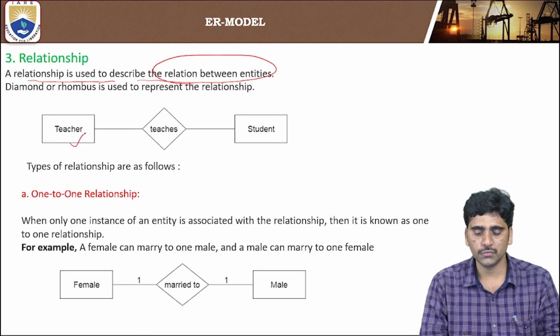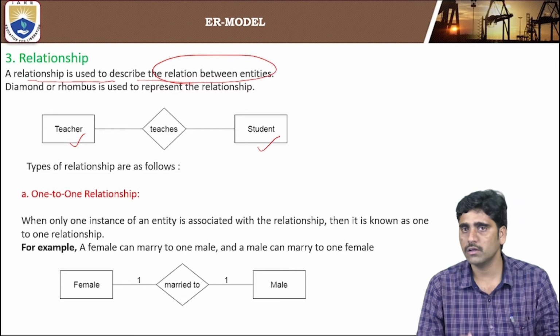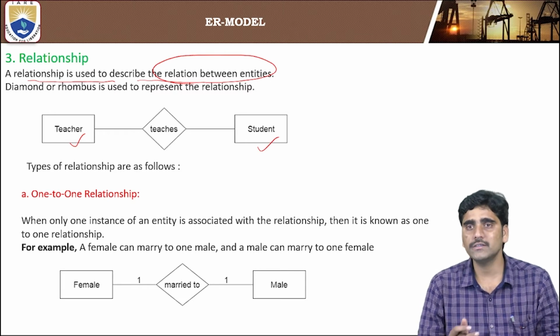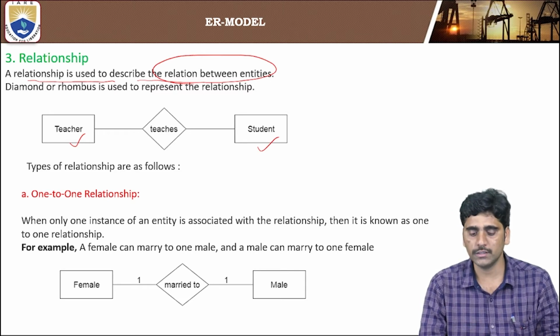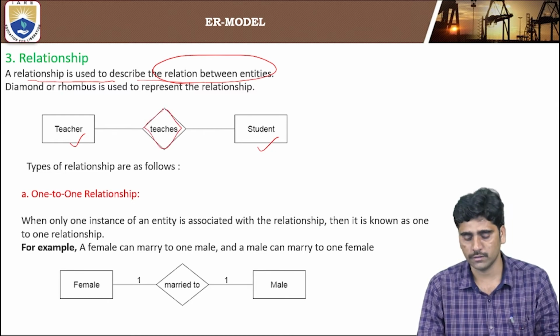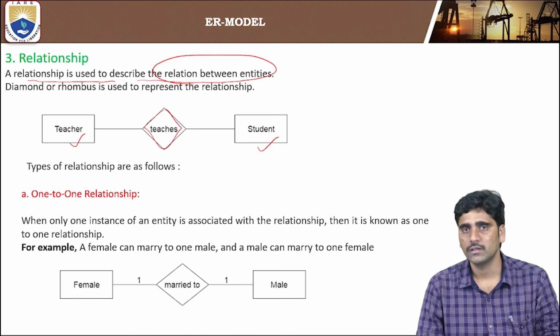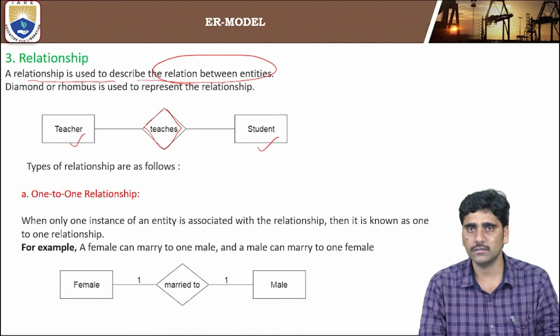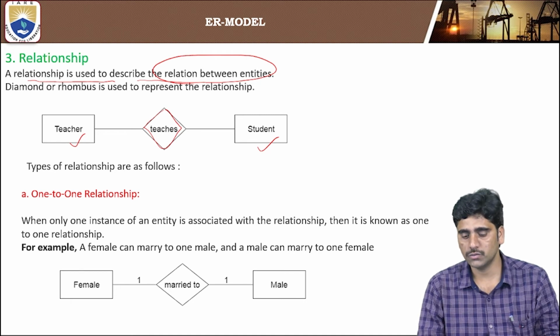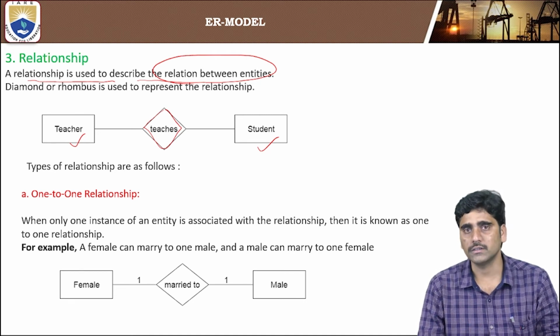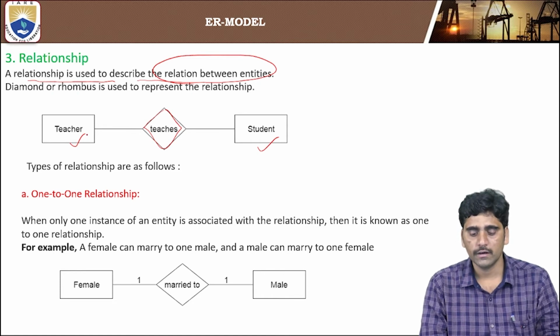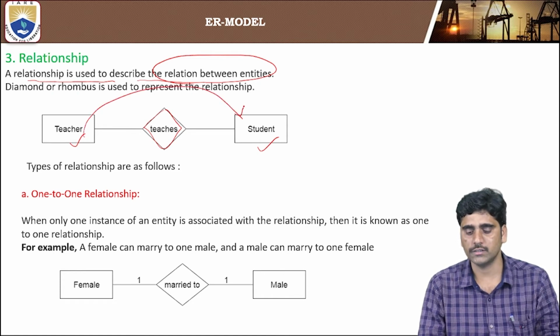Teacher is one entity and student is also one entity, but in between the teacher and student the relation is what? Teaches. So this diamond symbol represents the relation. The teacher teaches lessons to the student, and similarly the student learns lessons from the teacher. That is nothing but the teacher-to-student relationship.